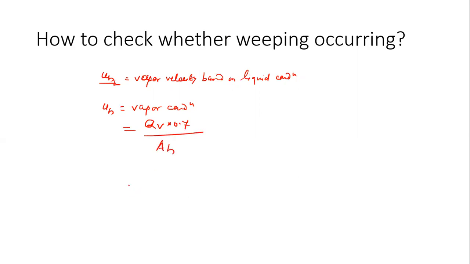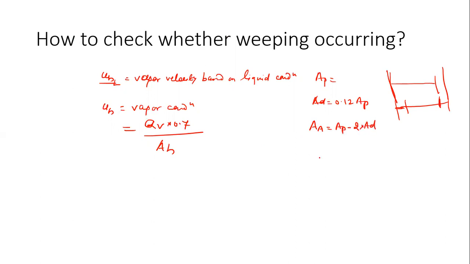So just to revise, we have area of plate, and area of downcomer is 0.12 of area of plate, 12%. But we have seen in the plate, actually this area is also not utilized and this area is also not utilized. So basically, the actual active area would be area of plate minus twice the area of downcomer.